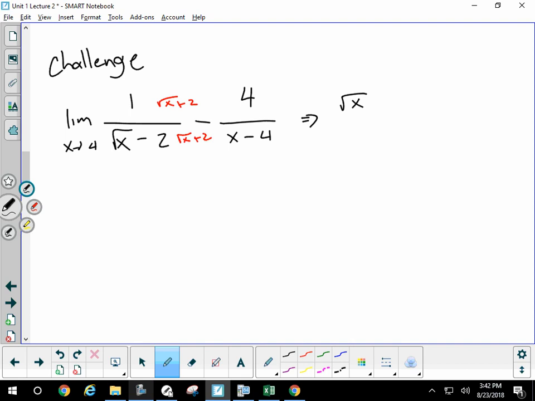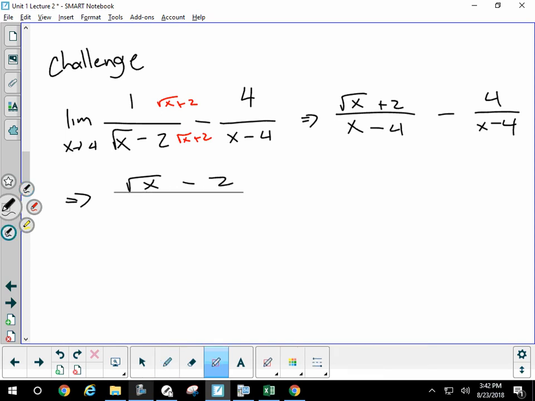So now we have root x plus 2 over x minus 4, and then I still have 4 over x minus 4. Well, man, that made things easy for me. I can just combine this to be root x plus 2 minus 4, or root x minus 2, over x minus 4.